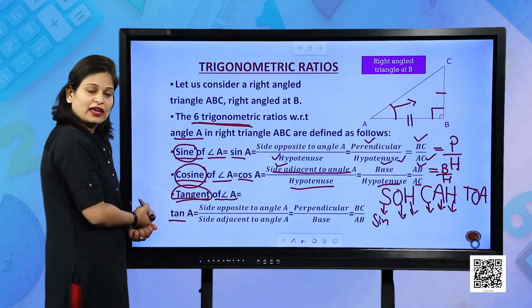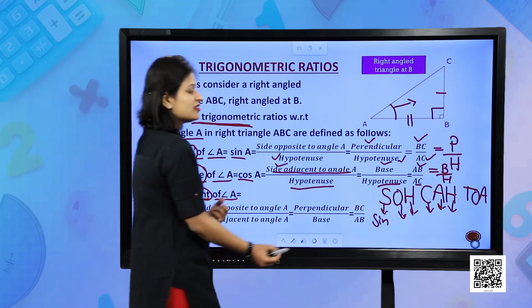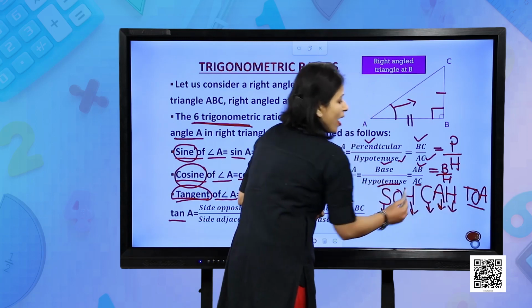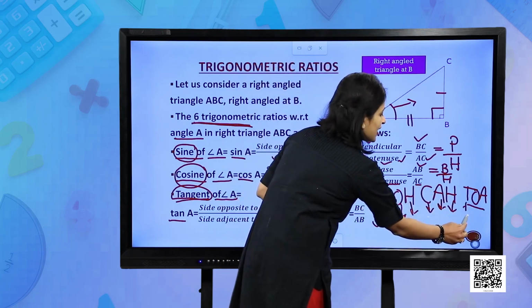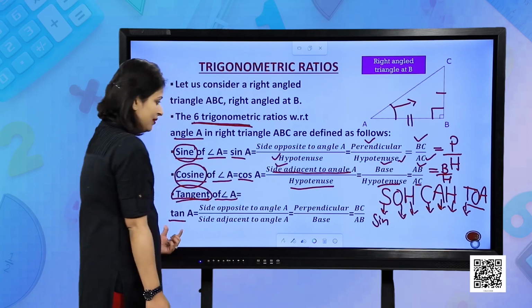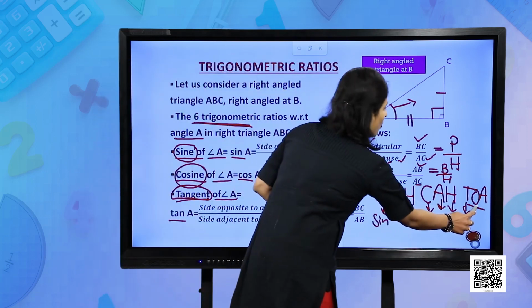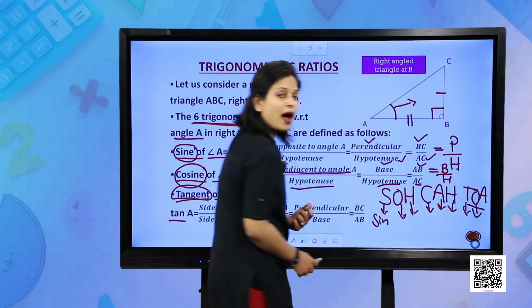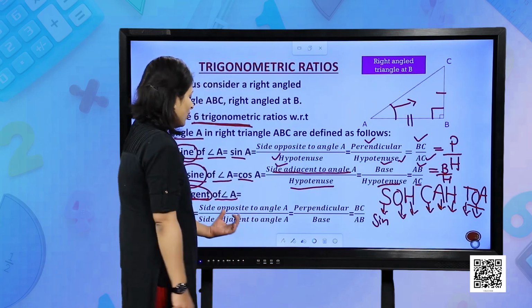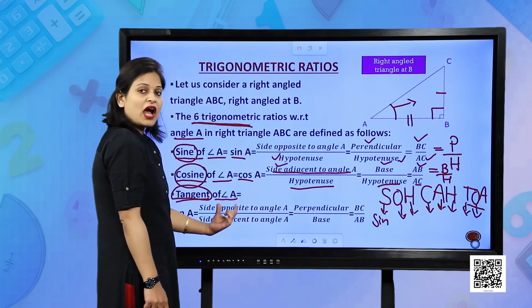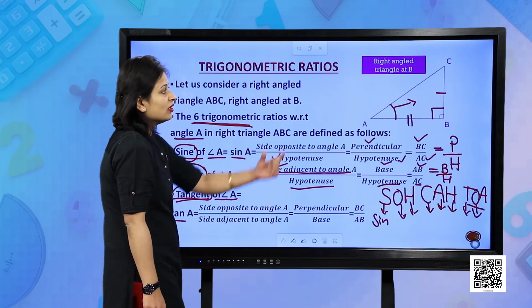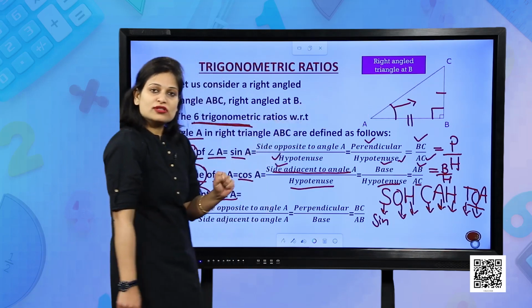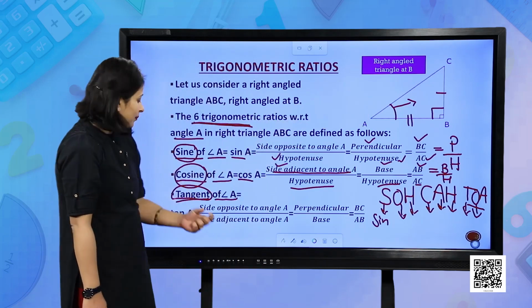Now comes tangent of angle A. Tangent means tan A. For this, just remember TOA. T stands for tan, O stands for opposite side. As I already told you, the side opposite to angle A is BC, which is also called perpendicular.